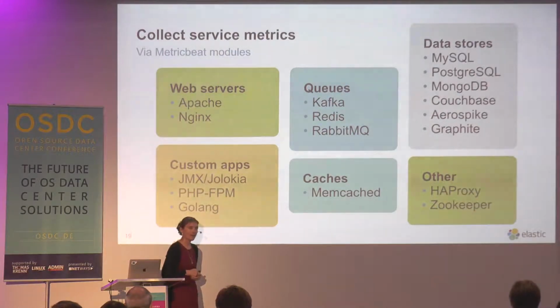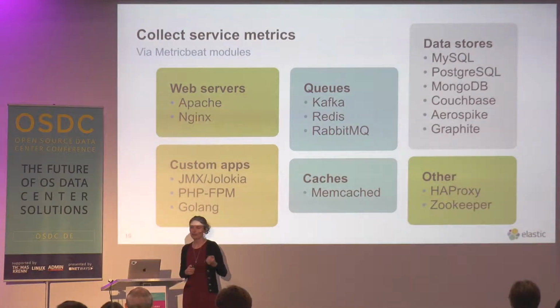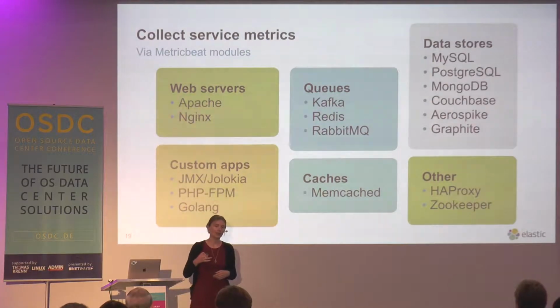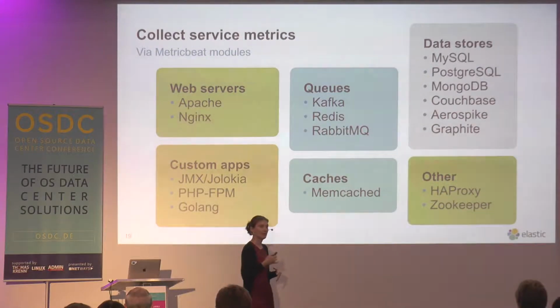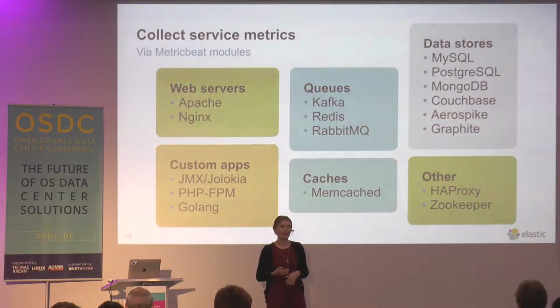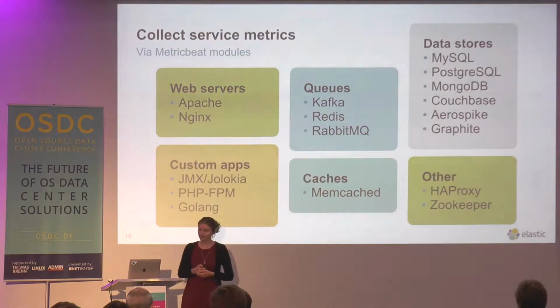Similarly, we can collect the metrics from services. For that, you can use Metricbeat modules, which are similar to Filebeat modules, but the difference is that they interrogate external services and fetch metrics from them. They also contain dashboards, ML configuration, and so on.